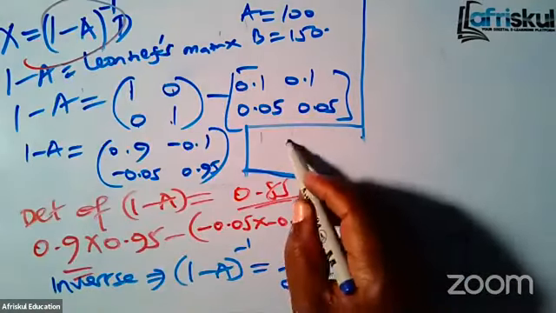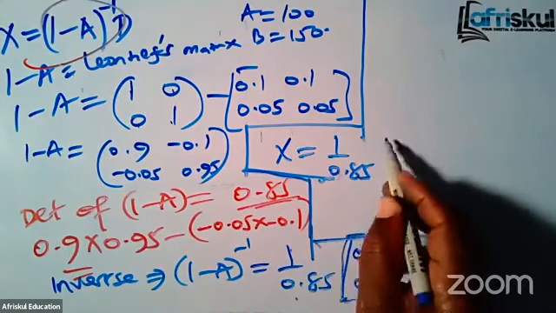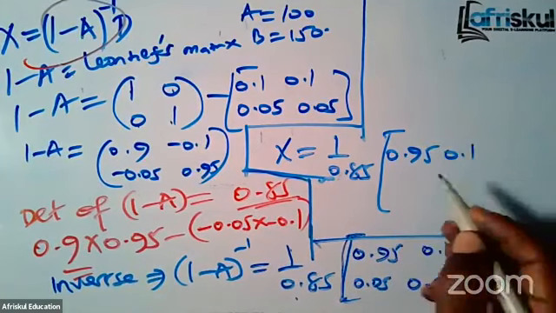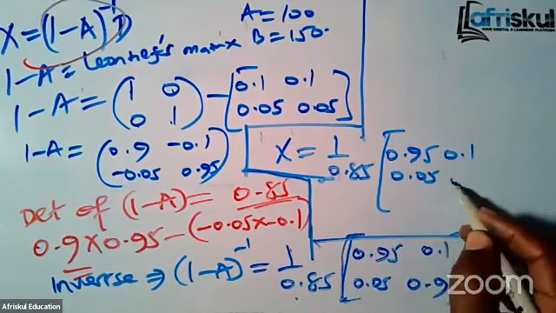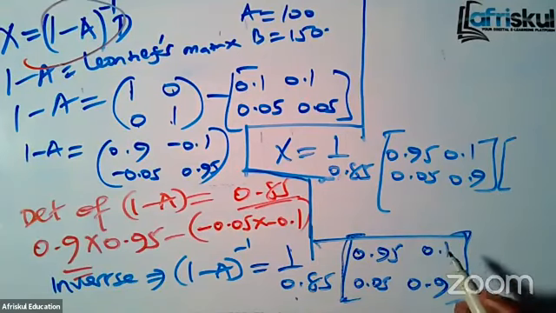So our x will be equal to 1 over 0.85 into the matrix with 0.95, 0.1, 0.05, 0.9, multiplied by final demand.